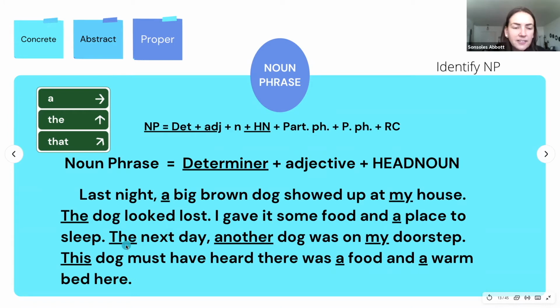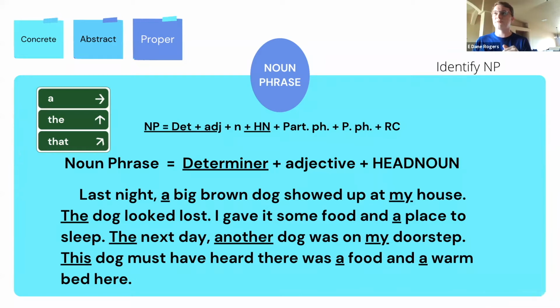The? Day. Day, good. Another? Dog. Good. My? Doorstep. This? Dog. Good. This? Bed. Good. So you can notice sometimes there's words in between them, sometimes there's words after them, but still before the verb. But the determiner and the noun function together as a unit.